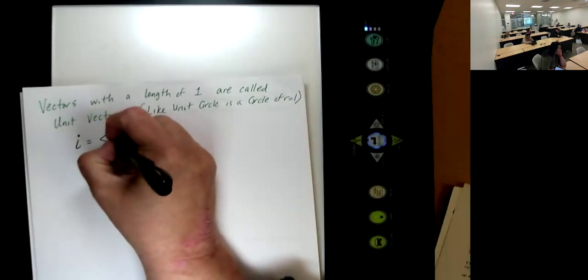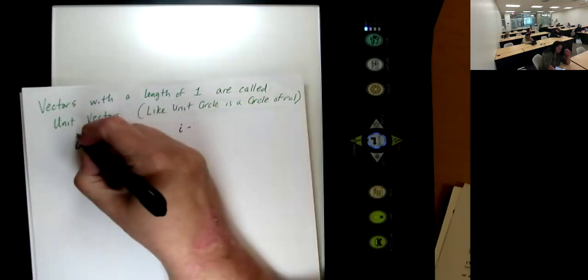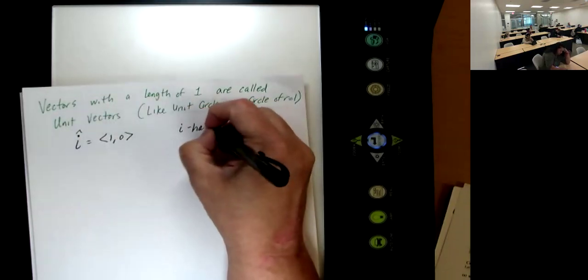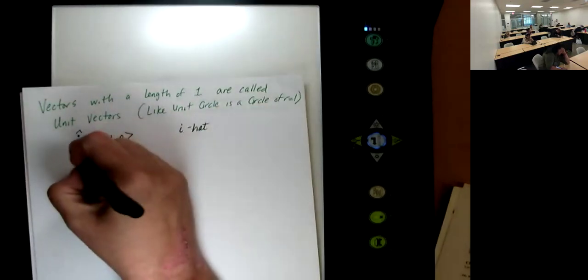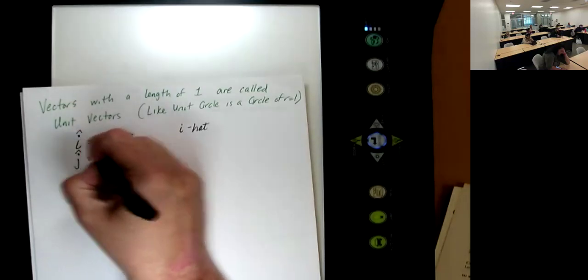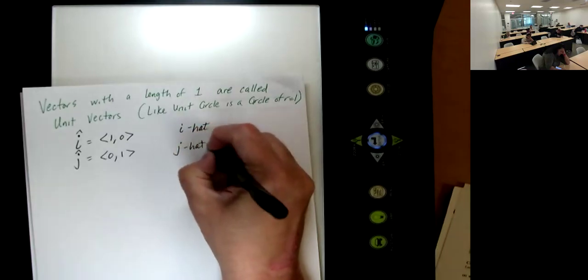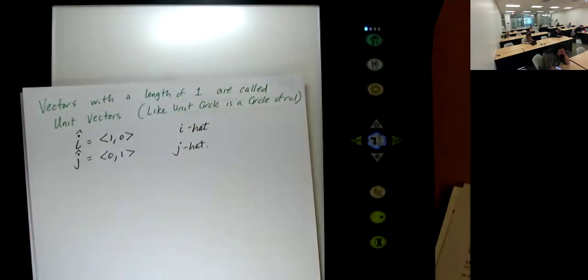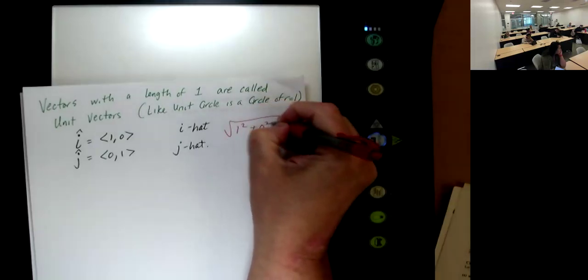I is 1, 0. Generally it has a hat on it, i hat. And j hat is 0, 1. You'll see if you take the magnitude of these, you've got 1 squared plus 0 squared equals 1.